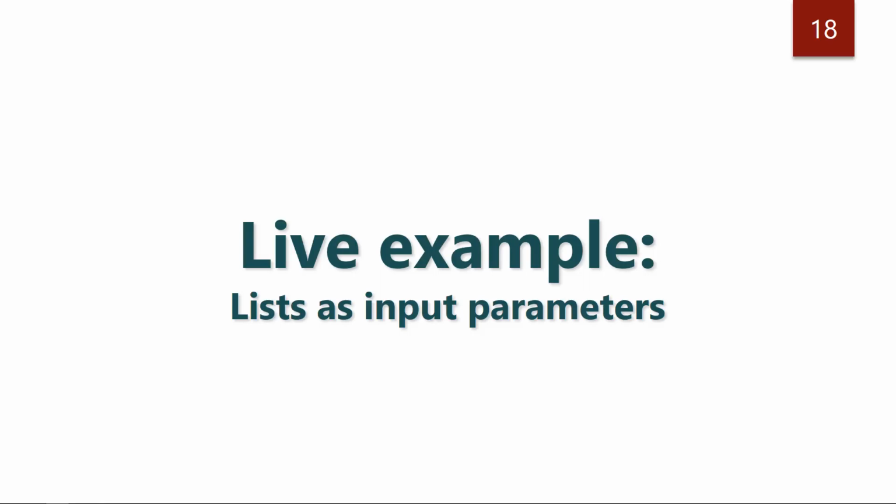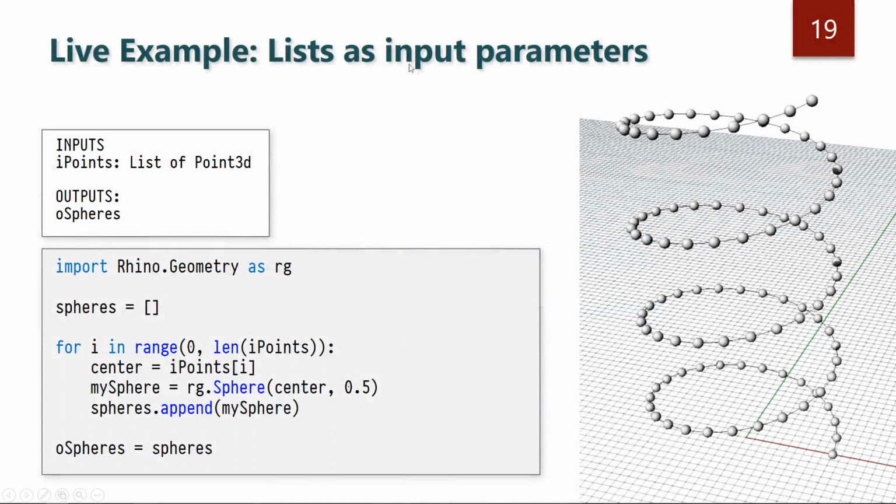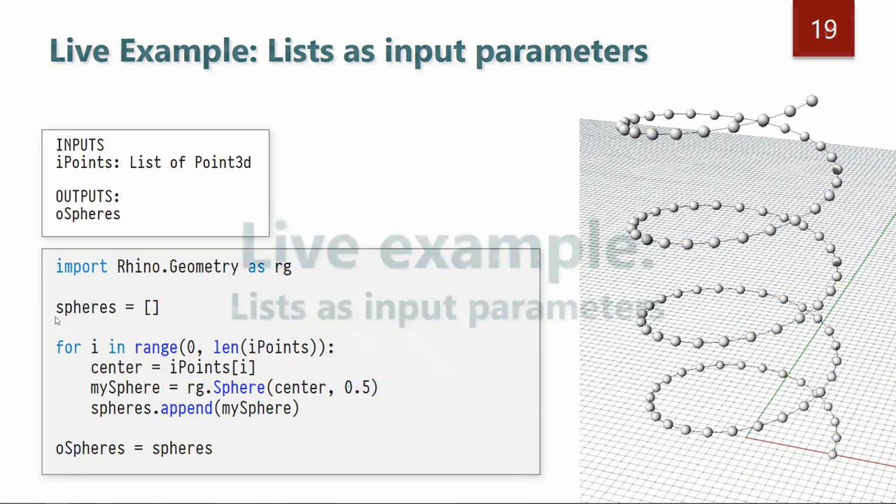So we have 100 points here, and we're going to draw 100 spheres. We have a list input, I points here, and we're going to use a for loop to visit each point in the list of I points. So this is what the program looks like.